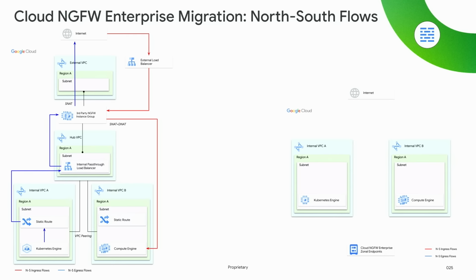Now, when you look at how you would do this with a Cloud NGFW-based architecture, you would first have Cloud NGFW firewall endpoints in all of the zones where you have critical workloads. You would then add this firewall endpoints and match it to the VPC networks that you have. And then you would basically also add your firewall rules and update them.